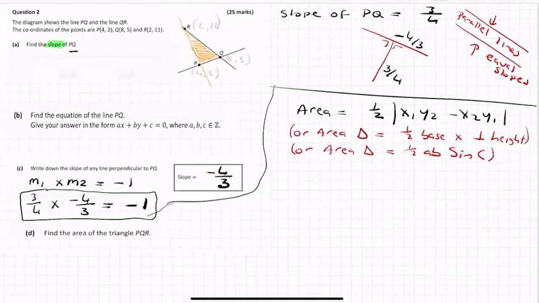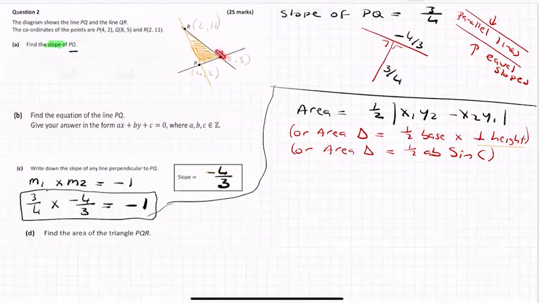To do that, you would need a base, and then you would need a perpendicular height to it. So in other words, if I took my base to be PQ, then I would need to know that QR was perpendicular to it. Now, it looks like it could be, but I don't know for sure. So I can't assume.